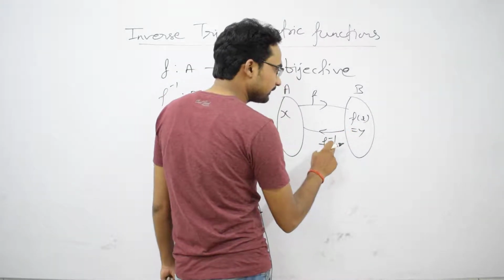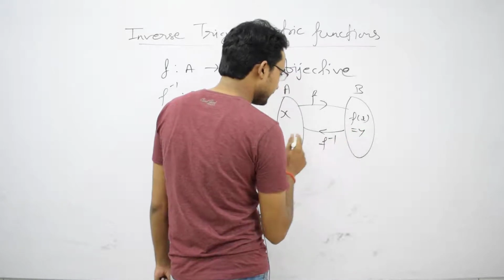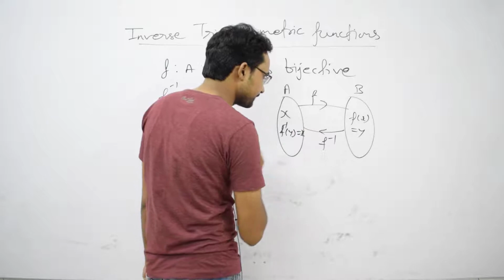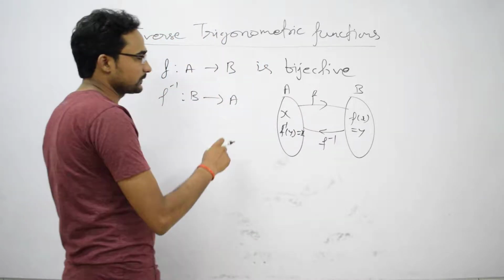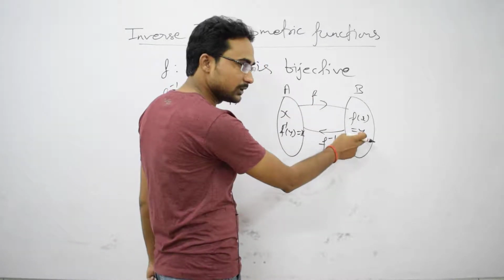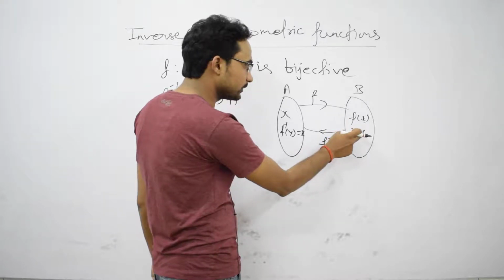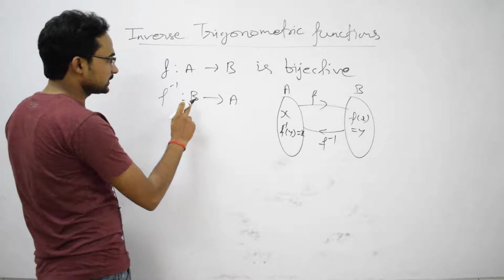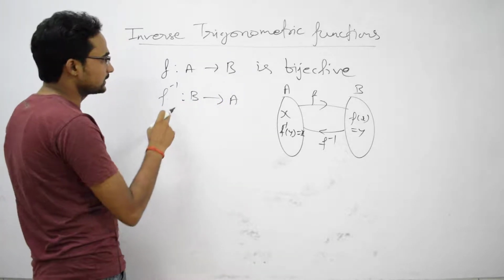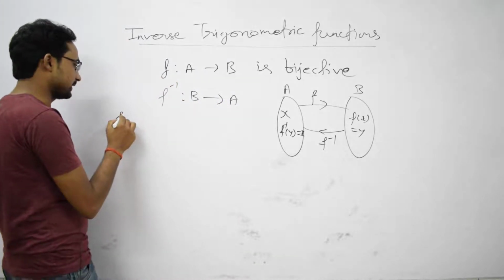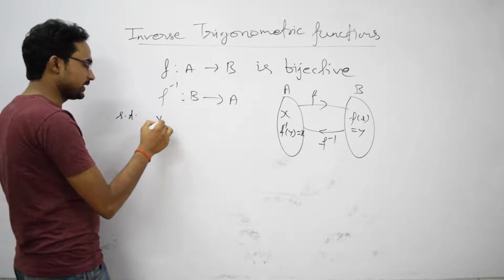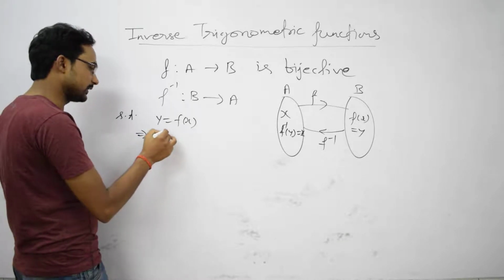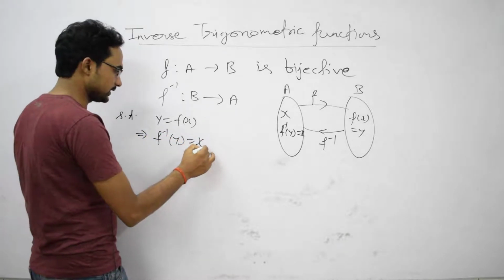So, when we apply the f inverse rule on the element y, we will get x. So, f inverse of y is equal to x. Okay. So, by the diagram also we can understand: by the f rule x is linked with y, and by the f inverse rule y is linked with x. Okay. So, f inverse is a function from B to A, the inverse of f, such that y is equal to f of x, and this implies that f inverse of y is equal to x.